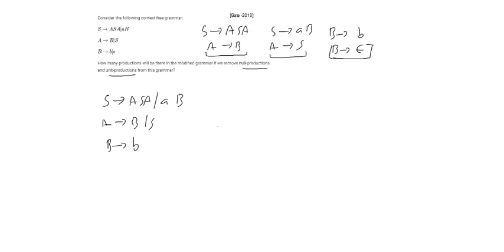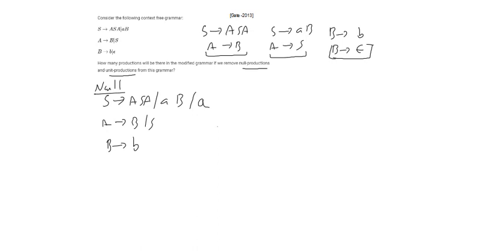Now, which is the null producer? B is the null producer. So consider B as null. Then in the S production, you will get small letter a. And in the production A implies B slash S, consider B as null, so only S, which is already there. No need to change. So after removal of null production, we will get the grammar like this.